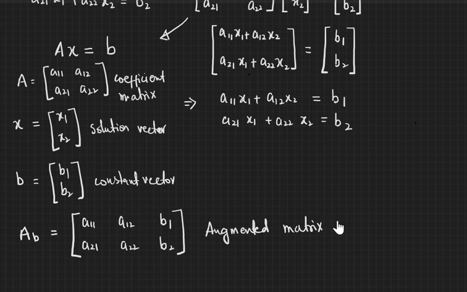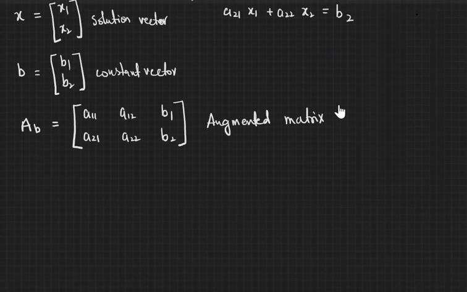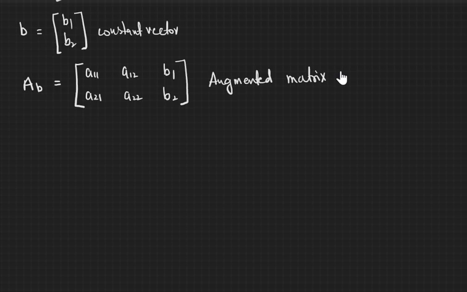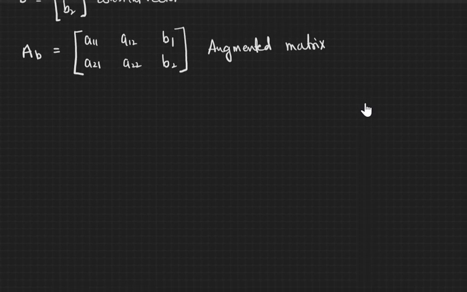Just now we saw that we can write down any system of linear equations in matrix form, and we considered a system of two linear equations in two variables only. Let's extend this concept to the general form of a system of m linear equations in n unknowns. So let's write these equations down.